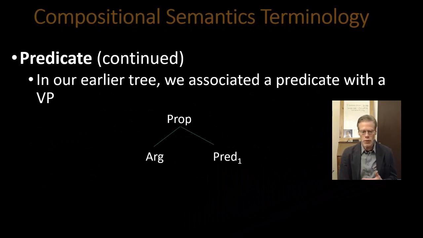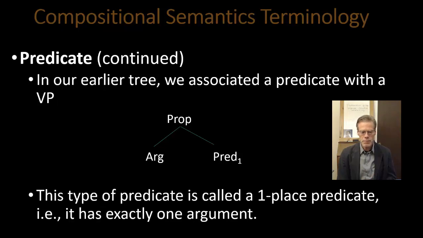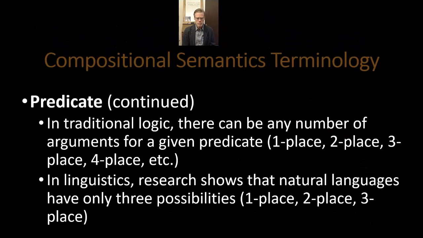In our earlier tree, we associated a predicate with a VP, but strictly speaking, this is a one-place predicate. That is to say, it has exactly one argument. But in traditional logic, there can be any number of arguments for a given predicate. So there can be a one-place, a two-place, a three-place, or four-place predicate. In other words, that's the number of arguments that it can take.